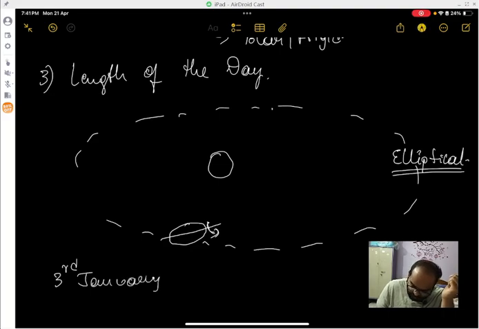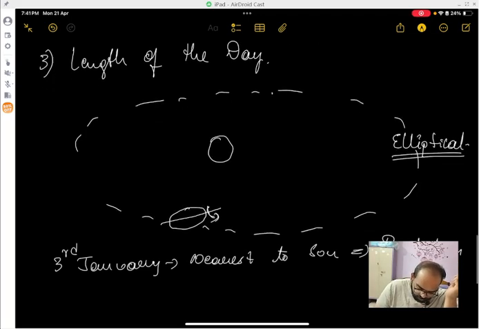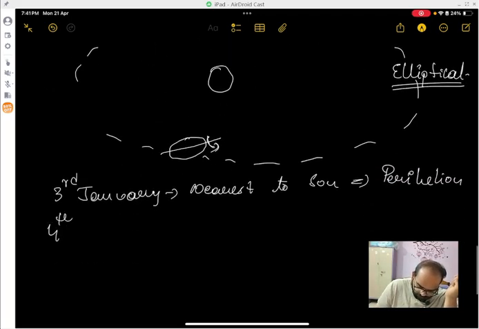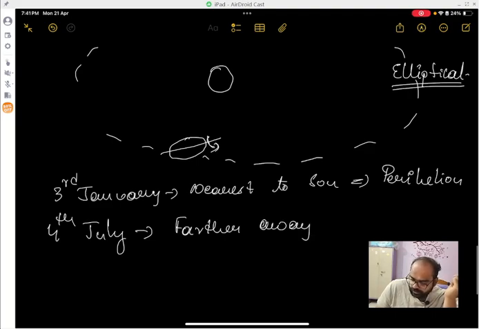Earth is nearest to the sun, and it is called perihelion. And on 4th of July, it is farther away from the sun, and it is called aphelion.